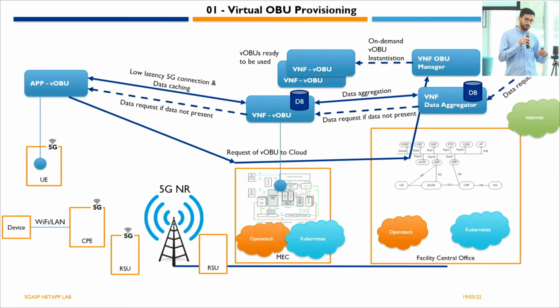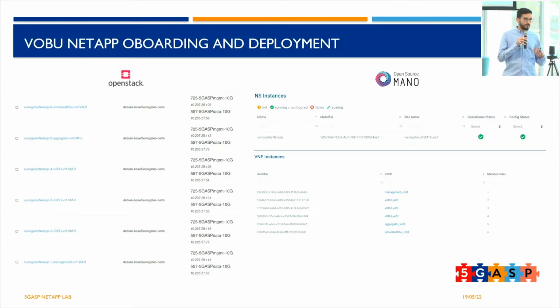So from a more practical point of view, in the 5GAS project we have effectively converted the application into a NetApp. We have gone through all the methodology process we described earlier, and we already have a first proof of concept of the network application.